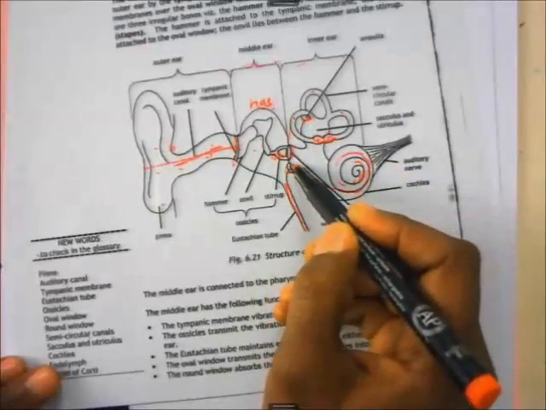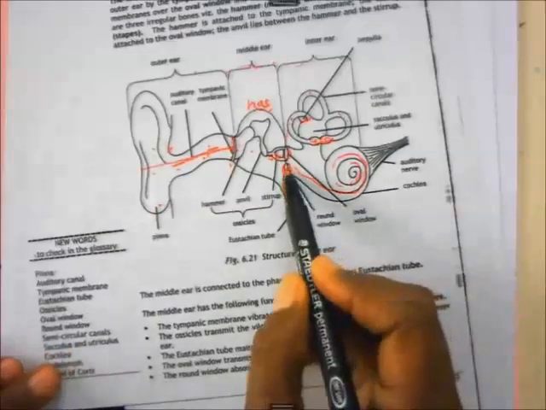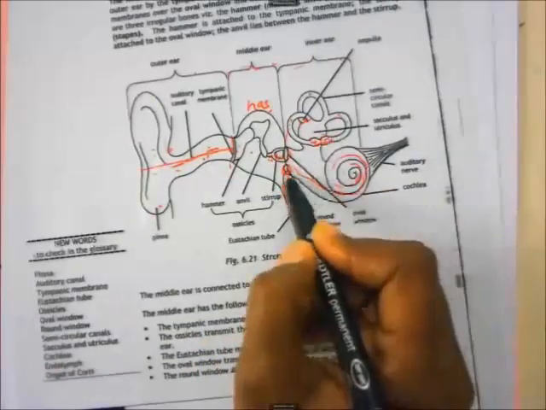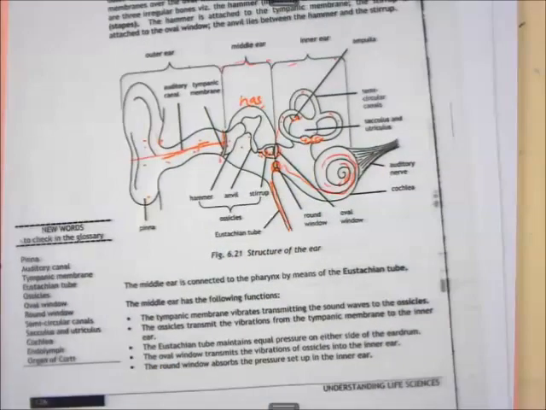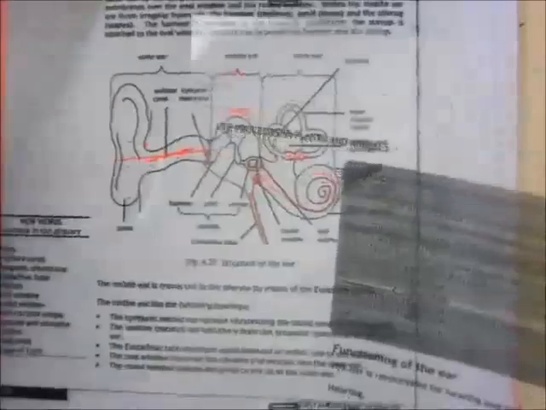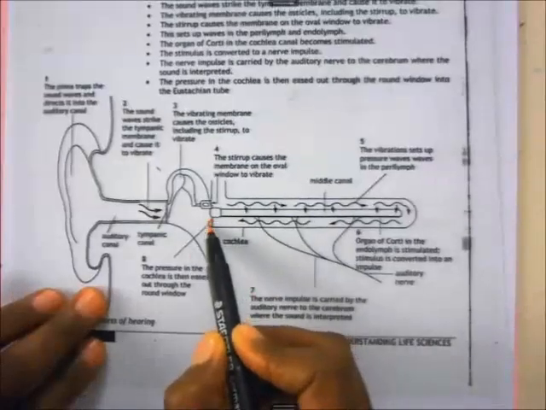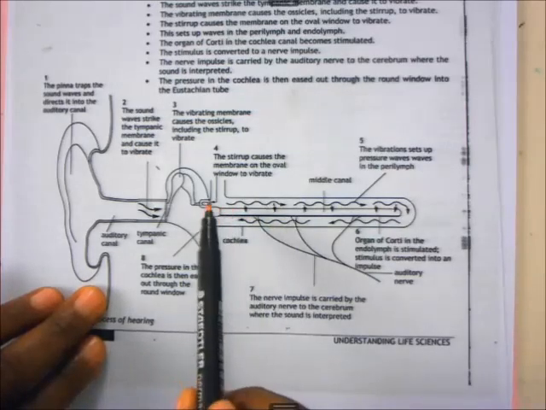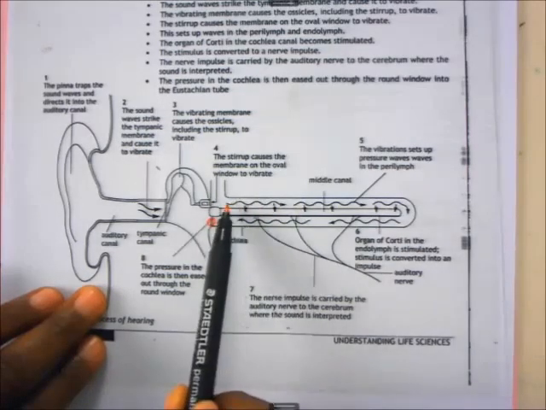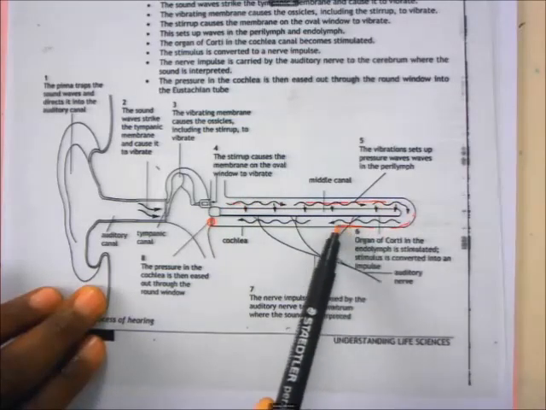Okay, and then here again we do have another opening which is called the round window. So now the function of the round window is to absorb the vibrations, or you can say the sound waves. The vibrations which are absorbed here at the round window are those vibrations that moved along the cochlea.